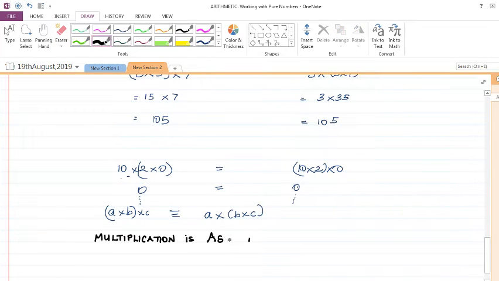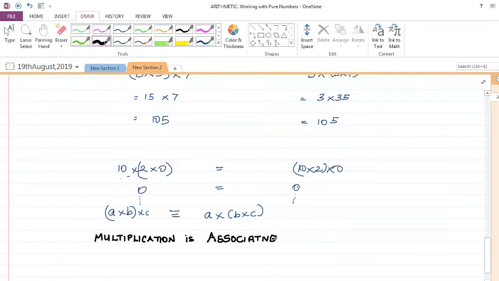It doesn't matter in which way we associate those numbers, in which order, the outcome is always going to be the same. So multiplication is associative. No problem there.